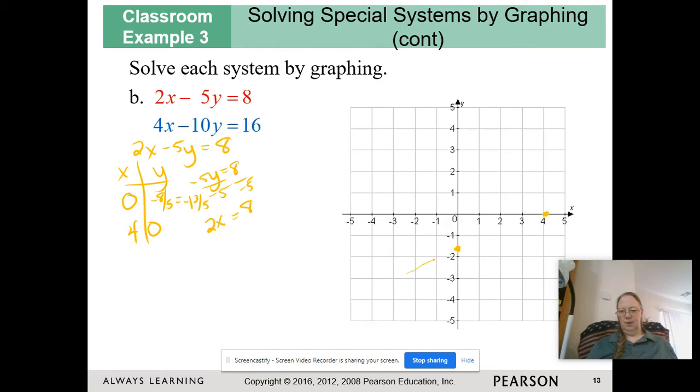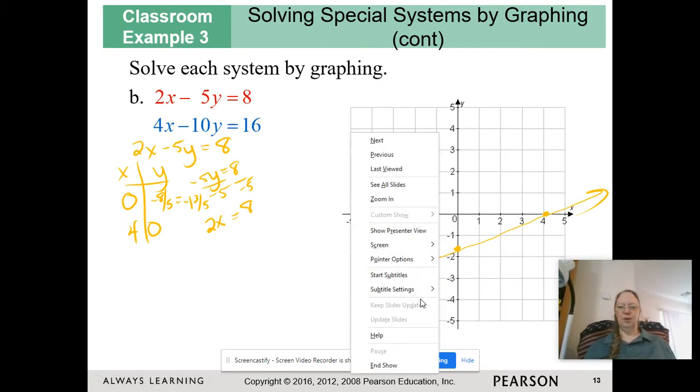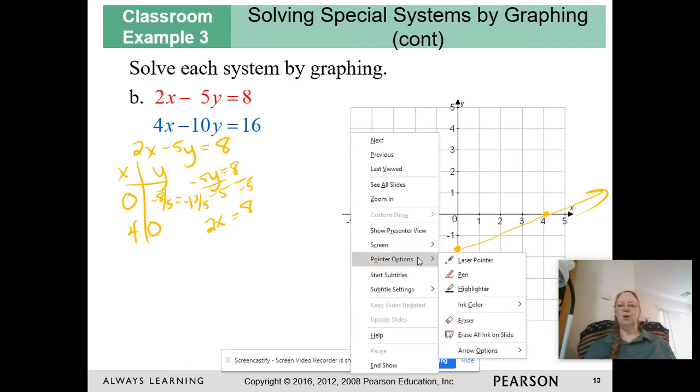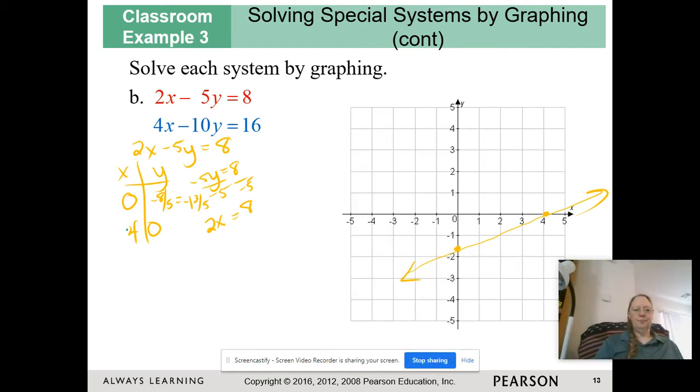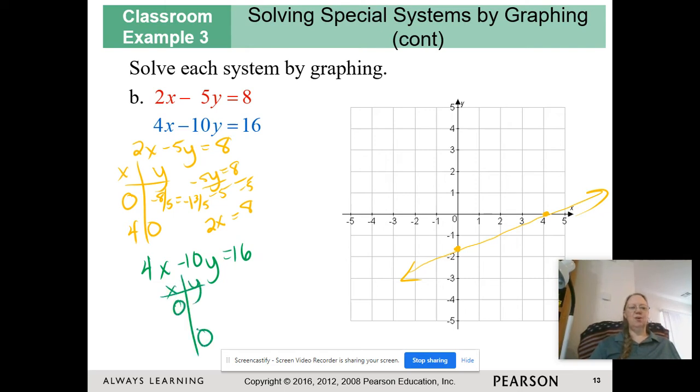All right, let's see how badly I can draw a straight line. Oh, did pretty good. Okay, we're going to change the color real quick. Pointer options, ink color. Let's do green. 4x minus 10y is equal to 16. Again, plug in 0.